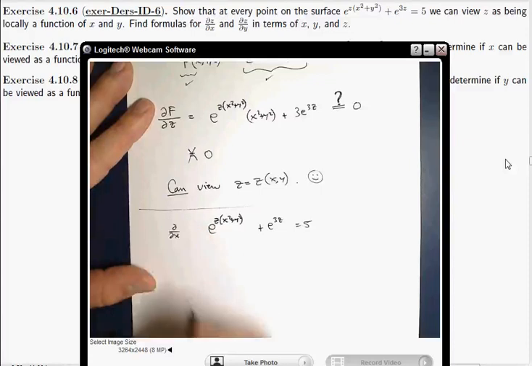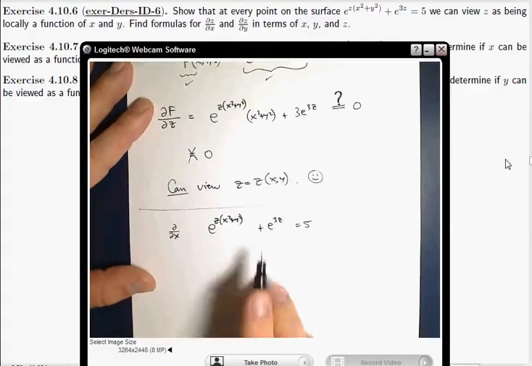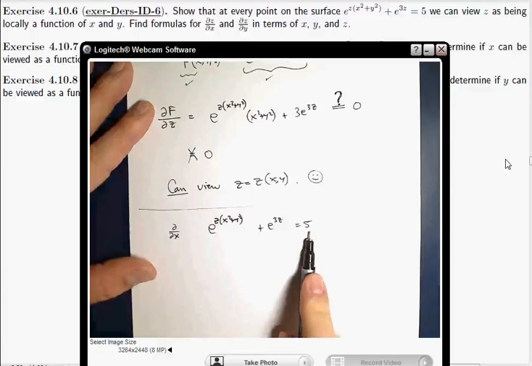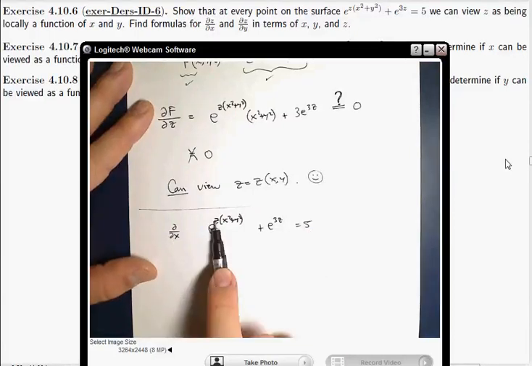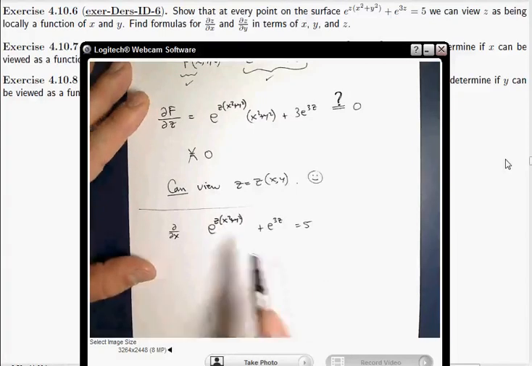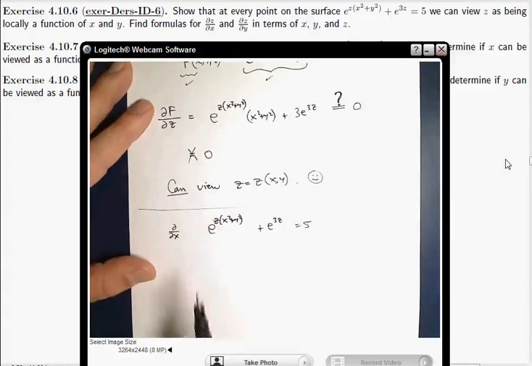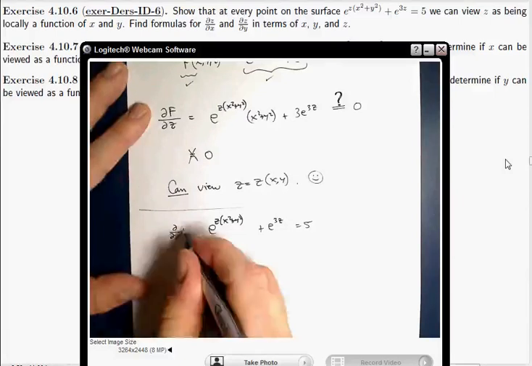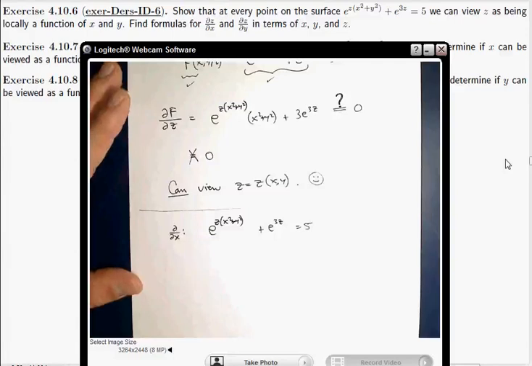The reason I want to take the partial with respect to x is because I know that altogether I'm going to get 0. And in viewing z as a function of x and y, if I take the x partial of this whole thing, then as I use the chain rule, the partial of z with respect to x is going to show up, and then I can just solve for it. Is that okay with everybody? There's a strategic choice as to why I'm taking that x partial.